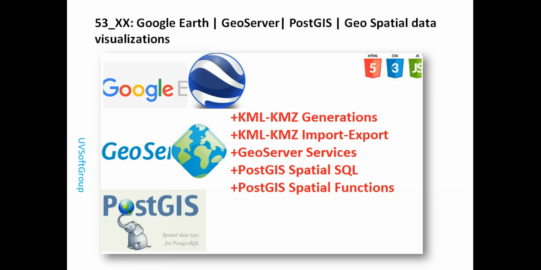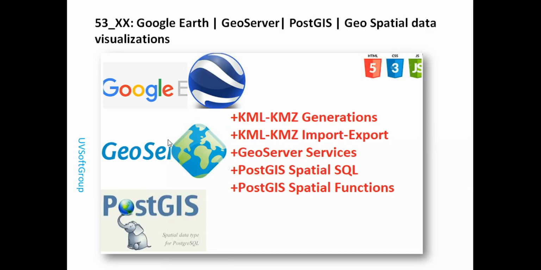We produce our services, we connect with the PostGIS database, we publish and generate those geospatial services, and then once you have services, you can call them from very simple JavaScript libraries like OpenLayers and Leaflet, and build your geospatial applications.